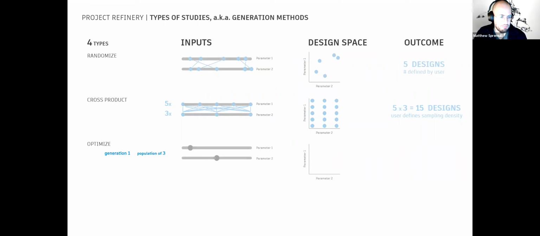Then there's the optimize option. So you say how many generations you want and how many populations inside of that generation you want. And the software will start to make one generation, evaluate how well it performed, and then see which sliders were better. And it'll say, oh, slider 1 is better when it's over here.